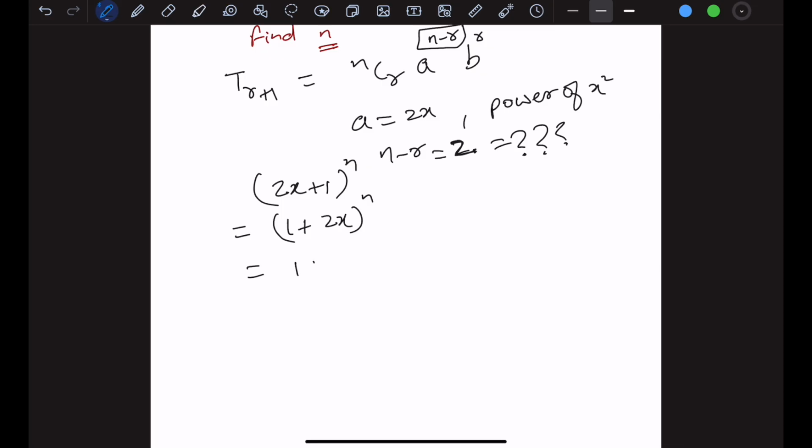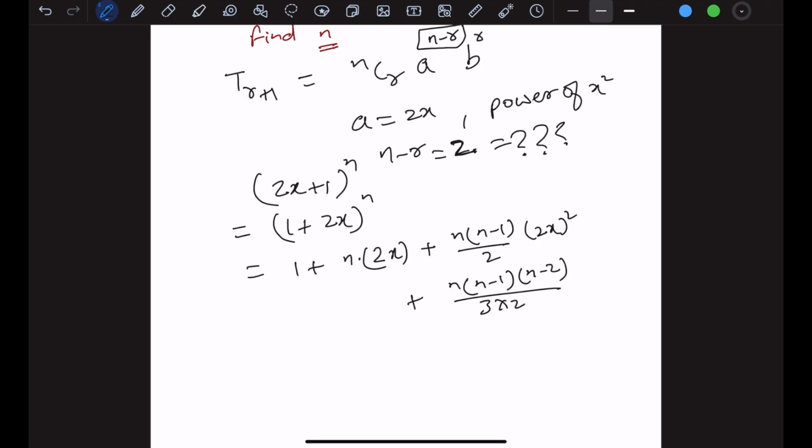our first term will be 1 plus n into 2x plus n into (n minus 1) by 2 into (2x) square plus n into (n minus 1) into (n minus 2) by 3 into 2 into (2x) cube plus other terms where the power of x will be 4 or more.